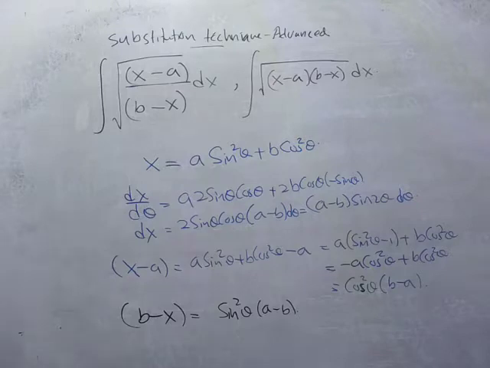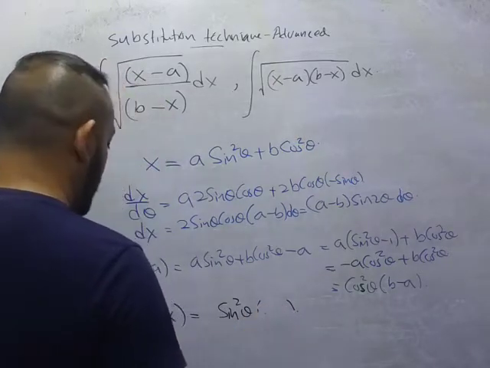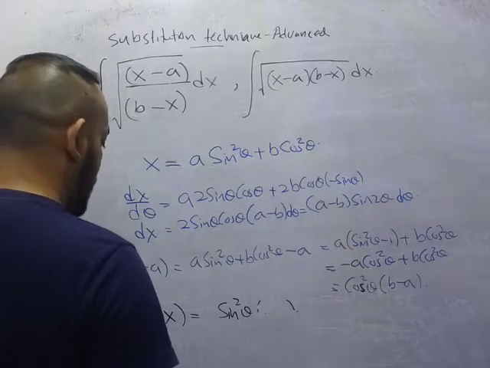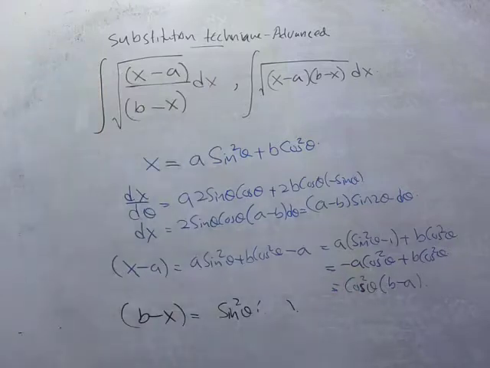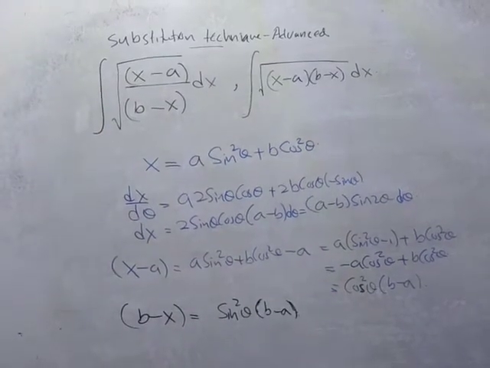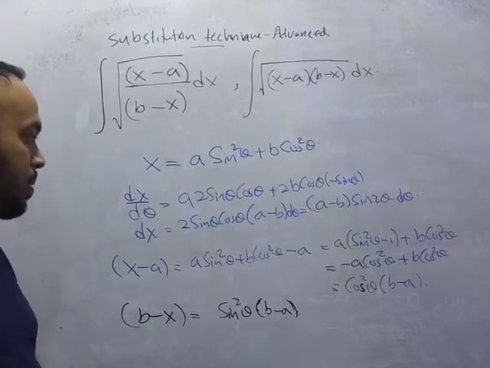So it should be b minus a as well. Yeah. Let's see. Right. So when you do this, you will get an expression like this: sine square theta, b minus a.